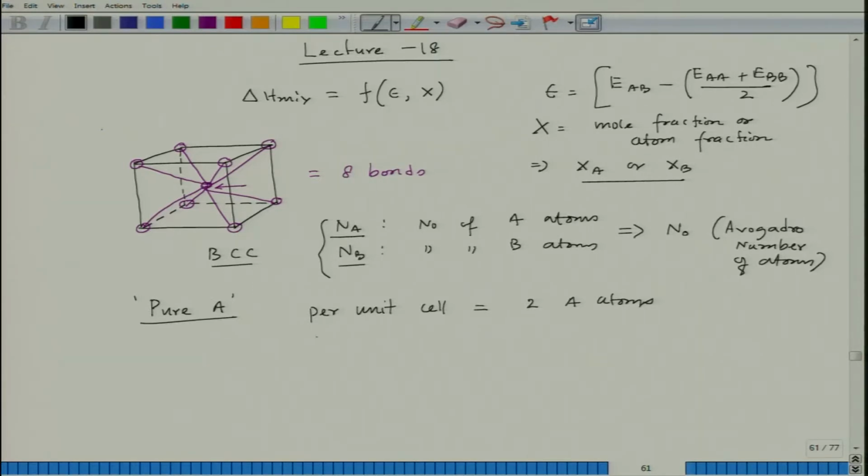Now, Z is the coordination number. In the case of BCC, it is 8.